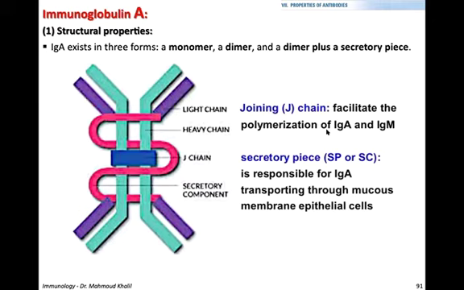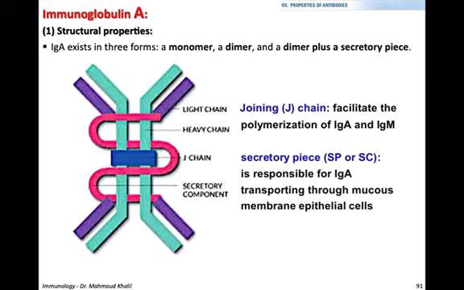As we said, generally the J chain, besides the attachment of the two monomers, is responsible for facilitating the polymerization of IgA and IgM, because the J chain is present in IgM as well.